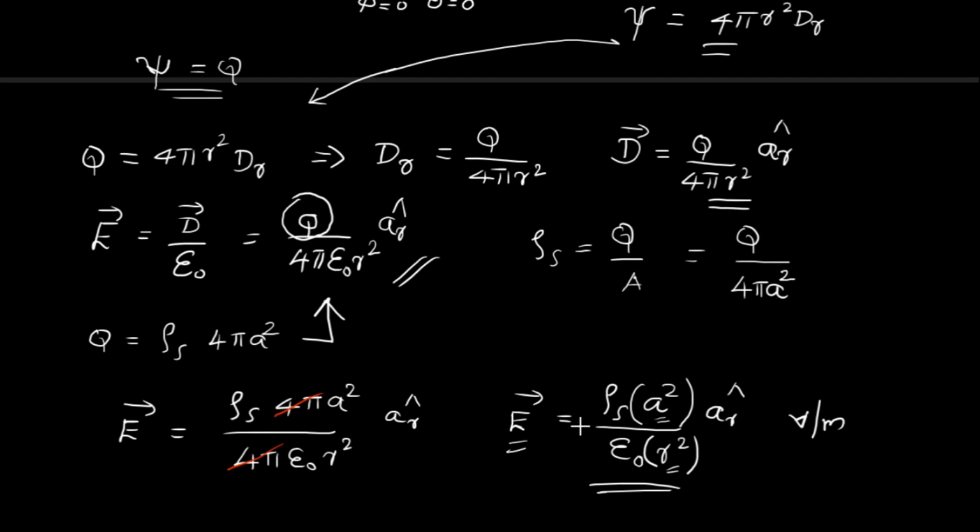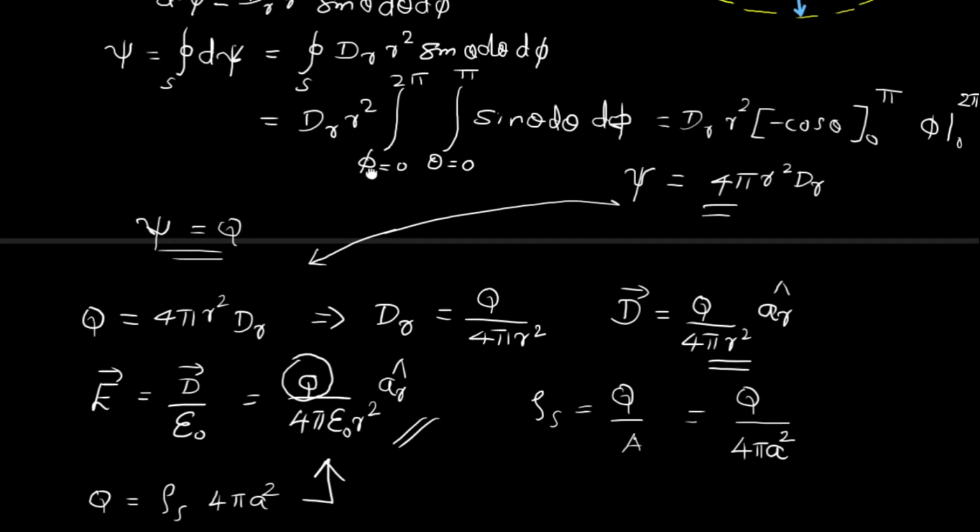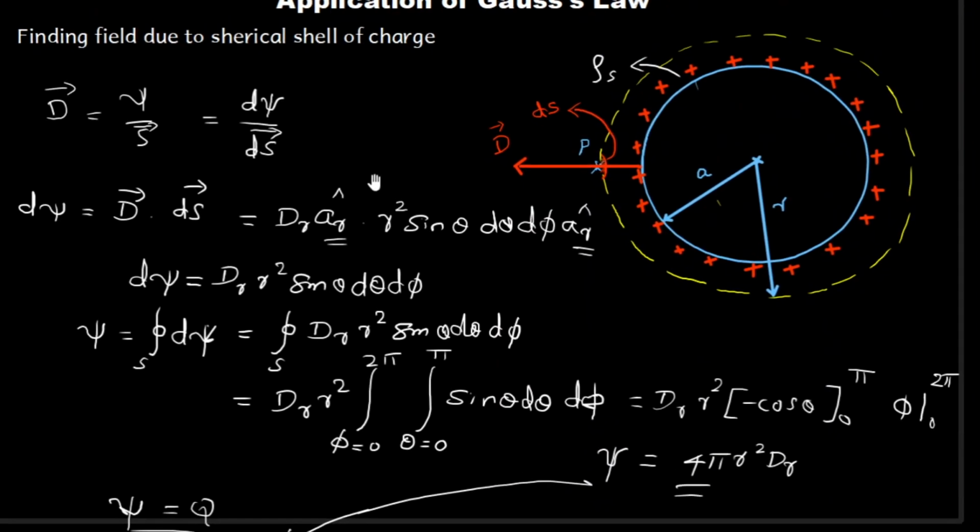So we now have case 2. What will be case 2? Case 2 is R equal to A, that is, point P is lying on the surface of the spherical shell. If point P is shifted from here to the spherical shell, my point P is now here.